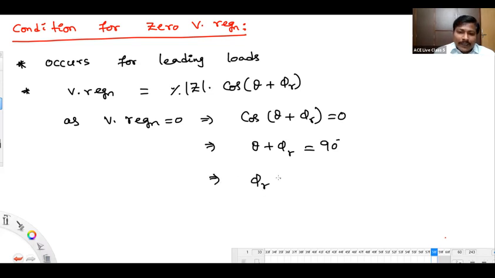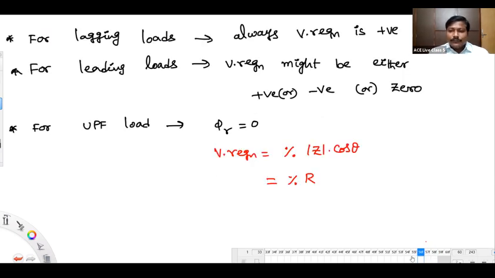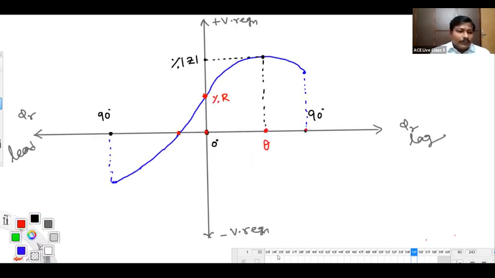And what is the power factor angle? 90 degree minus theta, at which we expect the voltage regulation to be 0. Voltage regulation equals 0 occurs for power factor angle phi r equals 90 minus theta. That you can show in this graph. So this angle of phi r is 90 degree minus theta, at which you get zero voltage regulation.